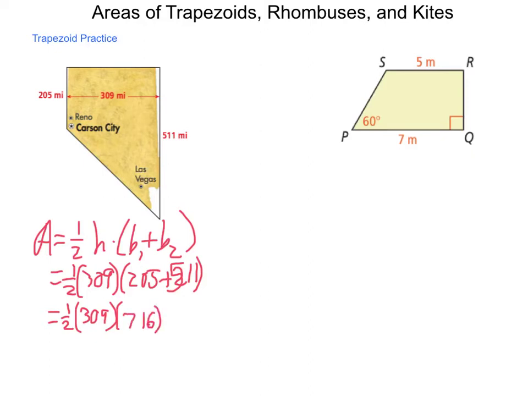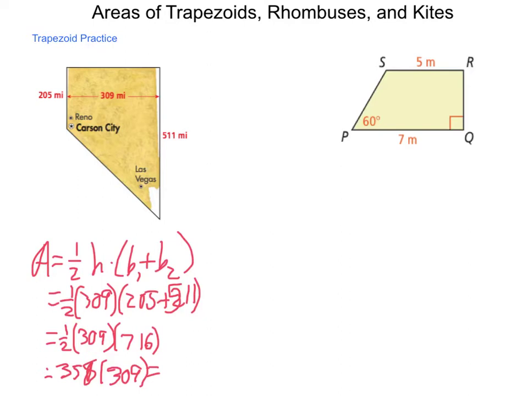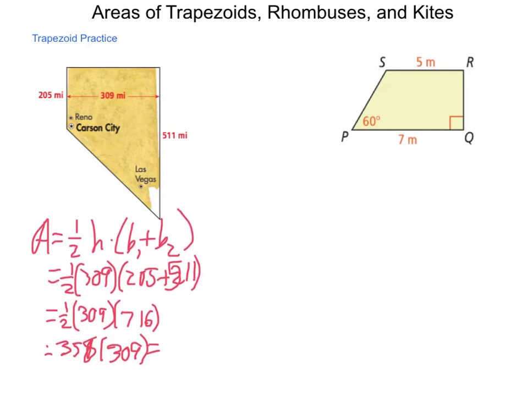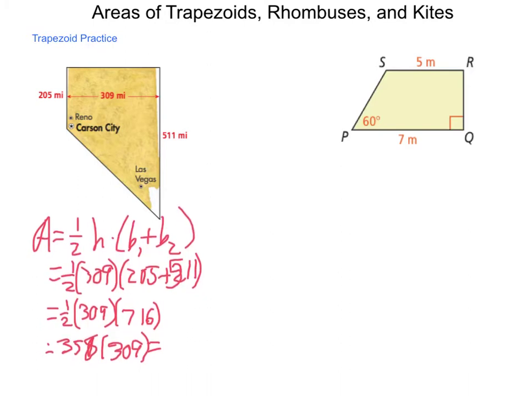Now multiplication is commutative, so I'm going to take half of the 716, which is 358, and multiply that by 309, giving me a total area for the state of approximately 1,396.2 miles squared.